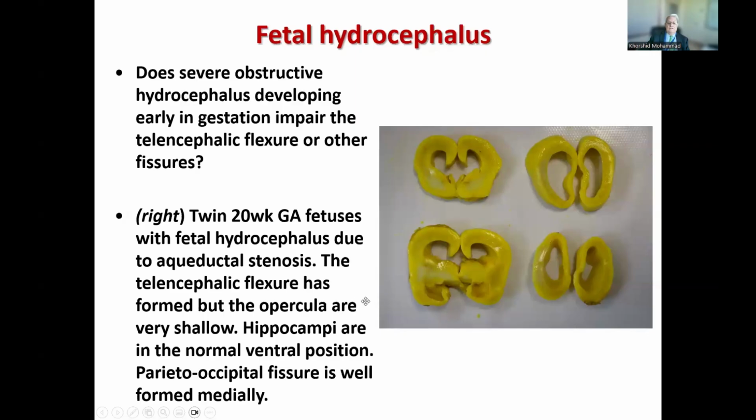The telencephalic flexure is formed, and the opercula are rather shallow, but they are present. And the hippocampi that you can see in the lower right, for example, are in the ventral position, as they should be. And the parieto-occipital fissure also was well formed medially.